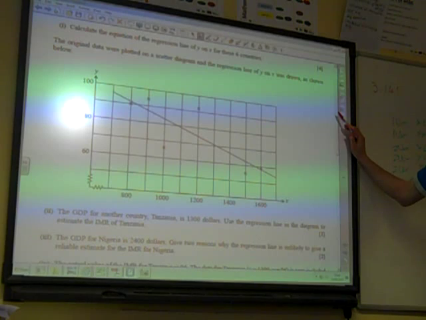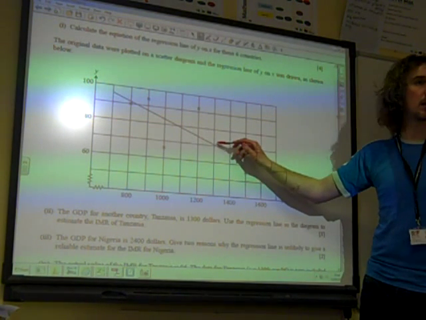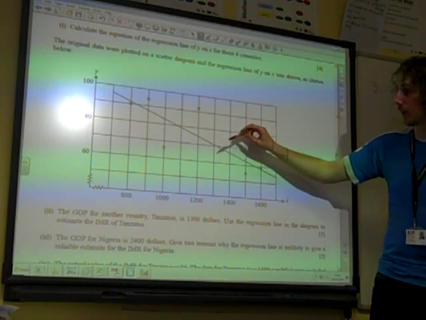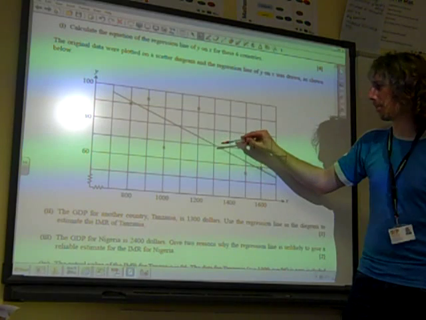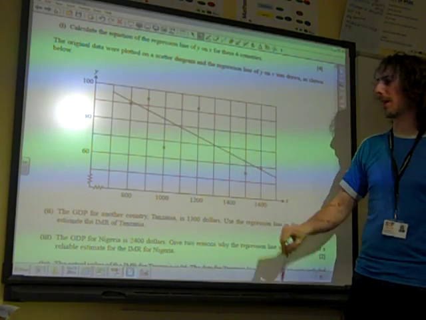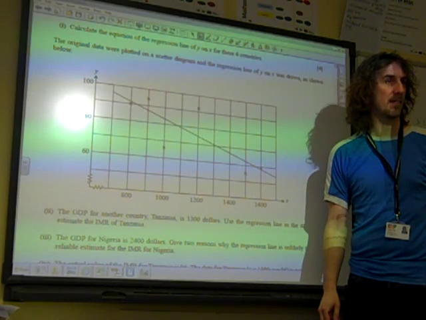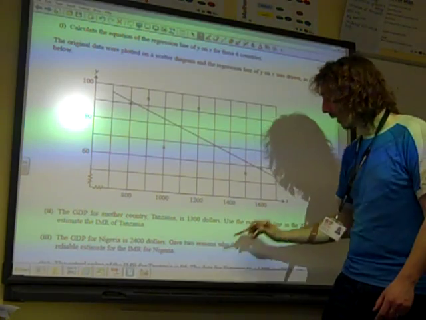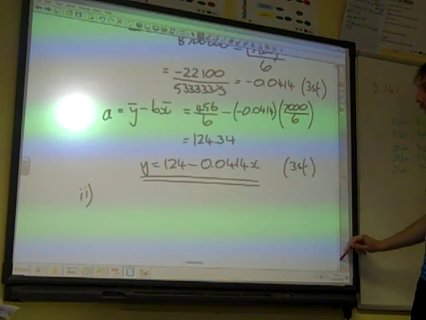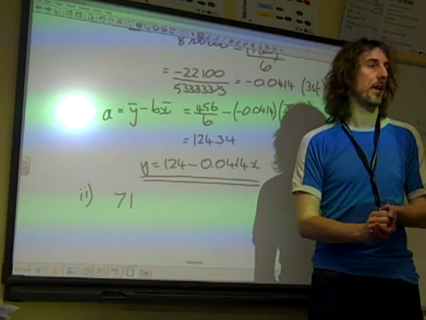So we're going to take 1,300, that's there, and estimate what that value is there. Well, we're reading up, there we go, that's across at that point. This is a gap of 10, that looks about a tenth of the way up. I think 71 is going to be a safe figure to read off. So we're going to say 71. You could use your regression line to calculate it, but 71.